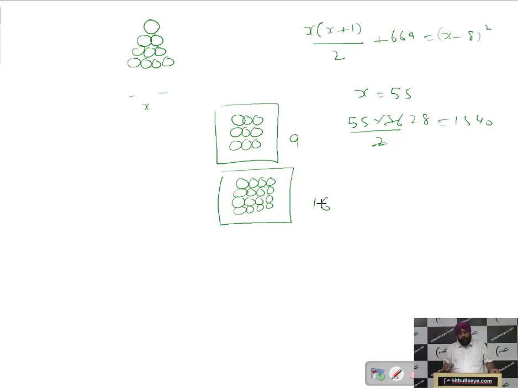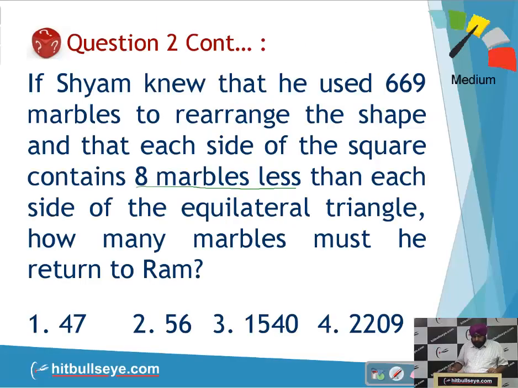So one loose end we have found is that marbles can be arranged in the shape of a square if and only if their number is a perfect square. So we need an answer in which, adding 669, we get a number which is a perfect square.